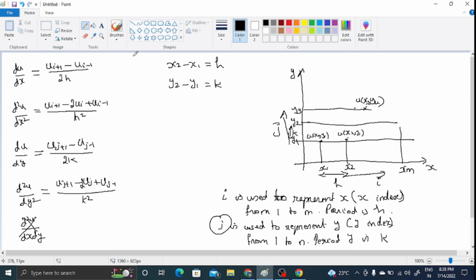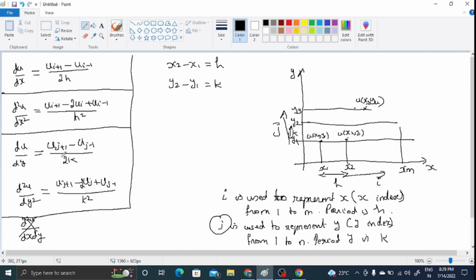Okay, so please note all these four terms. Now we are going to use these four terms to solve the Laplace equation. Laplace equation means a partial differential equation.